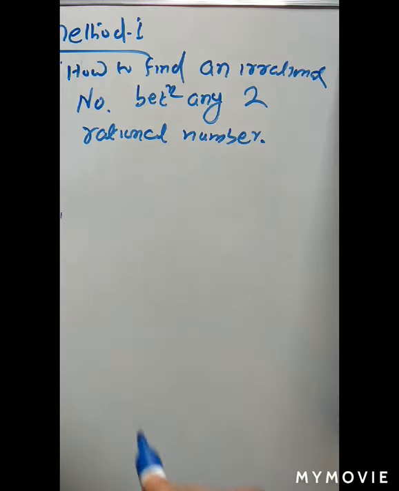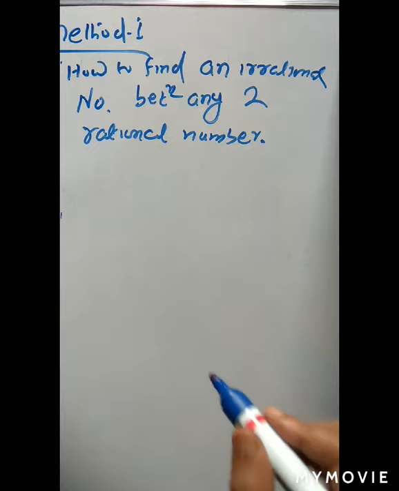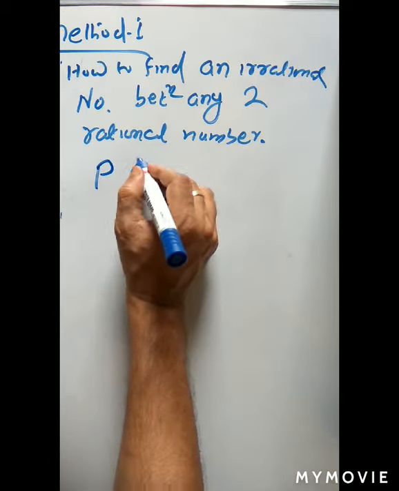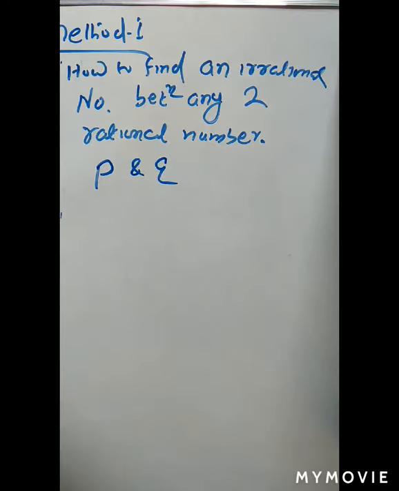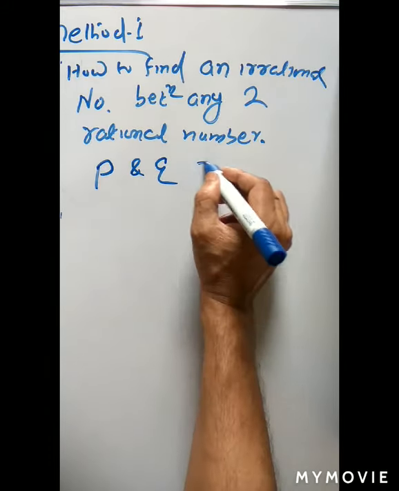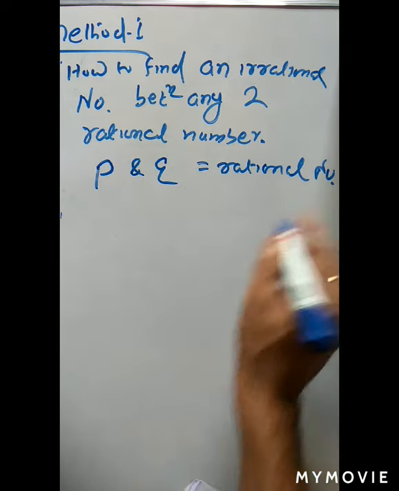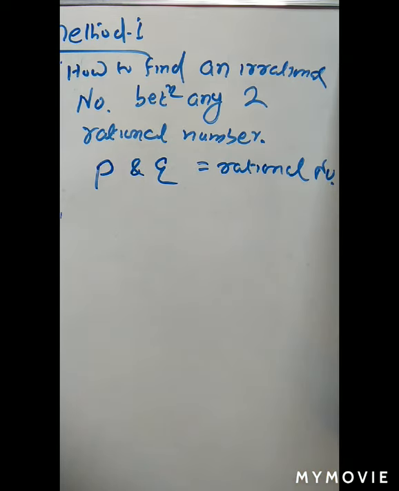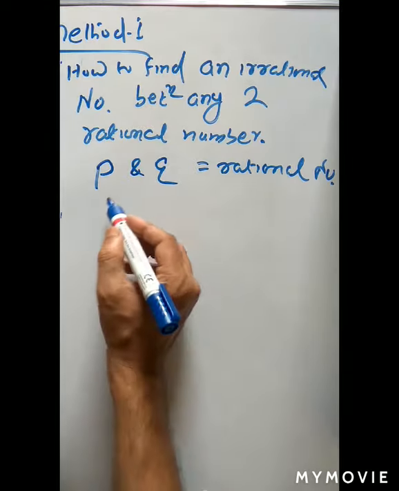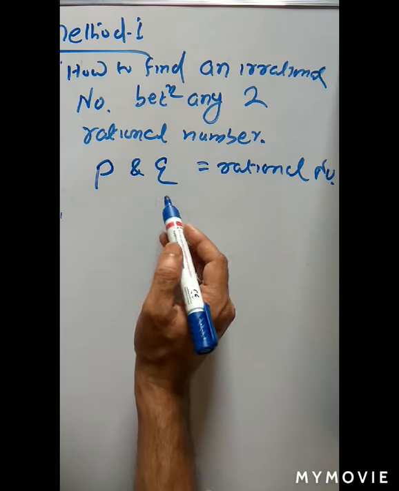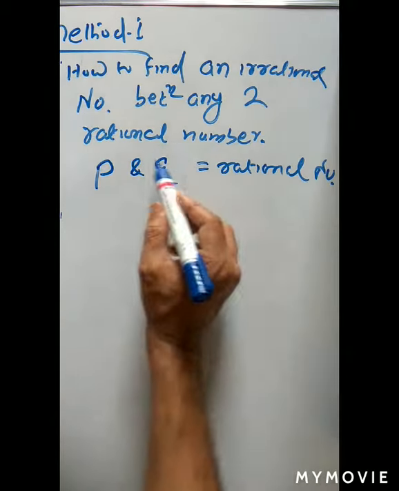So the first method to find an irrational number between p and q. Suppose p is a number and q is another number, which are rational numbers. P and Q are two rational numbers. So we have to find three irrational numbers. Okay, so how to find an irrational number between any two rational numbers?